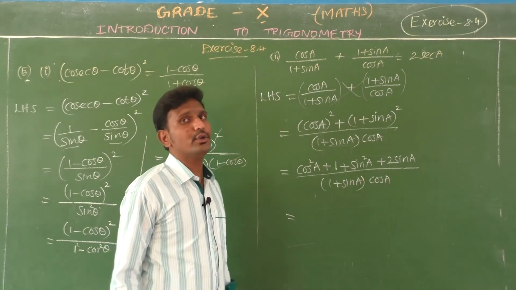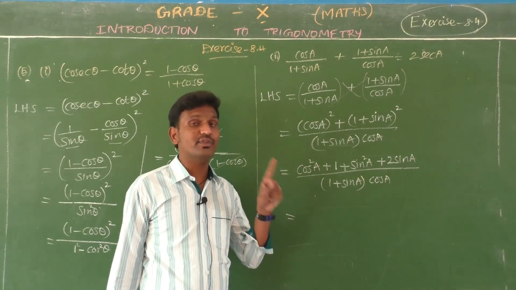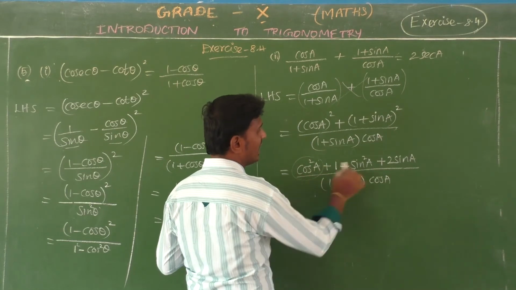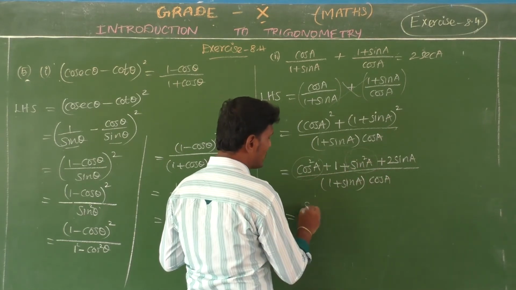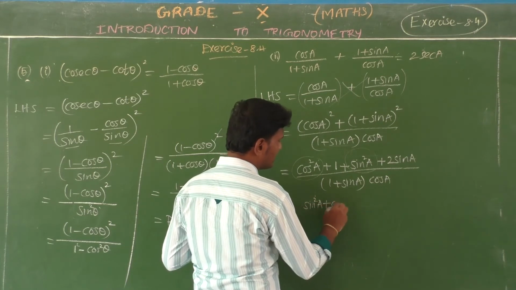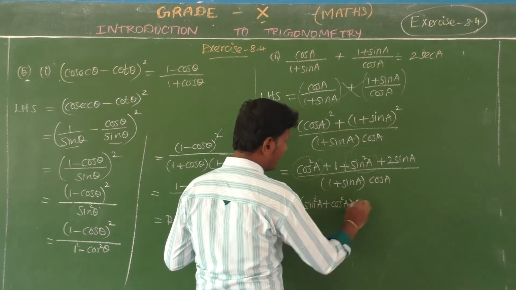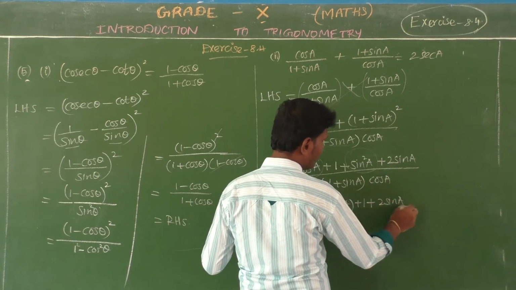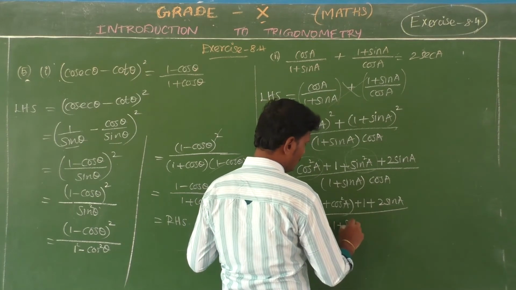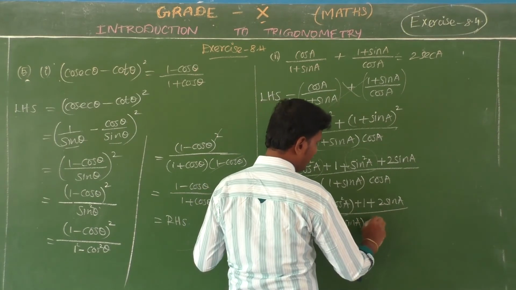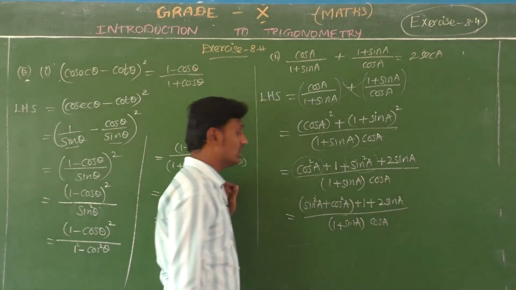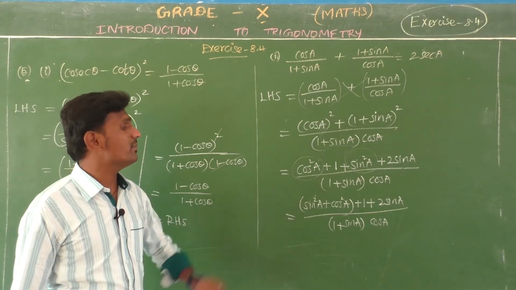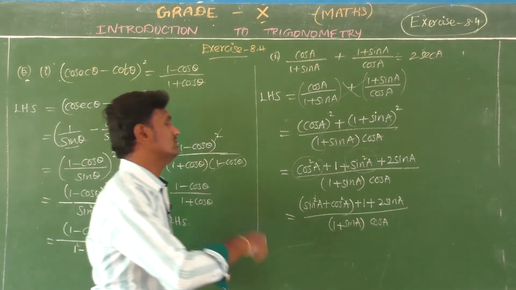Now we are going to use the first trigonometric identity. Here you have cos square A and there you have sin square A. Shall I combine them? That is, sin square A plus cos square A plus 1 plus 2 sin A, the whole divided by (1 plus sin A) into cos A. Now you already know from the first identity, sin square A plus cos square A equals 1.